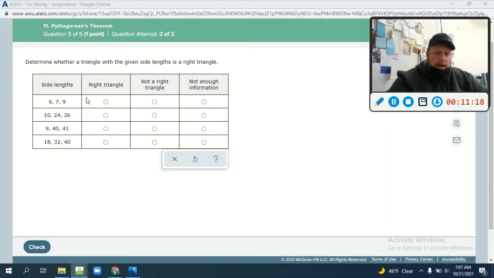But I haven't seen a lot of that happening. Over here, they're all three different numbers, and so when you've got that going on, you can pretty easily tell by doing the Pythagorean theorem whether or not it is indeed a right triangle or not a right triangle.